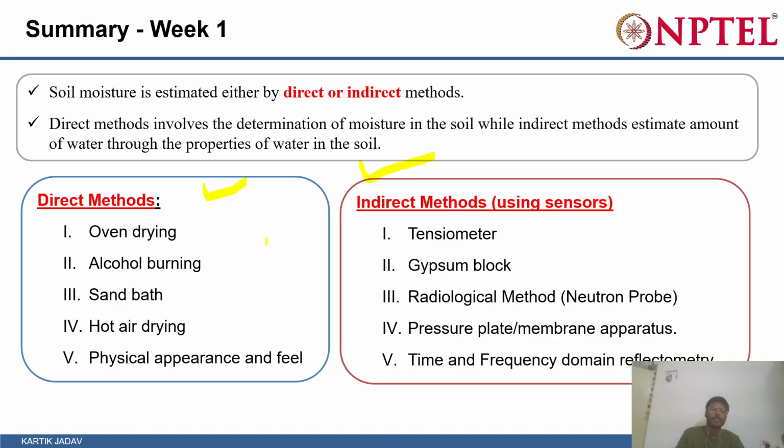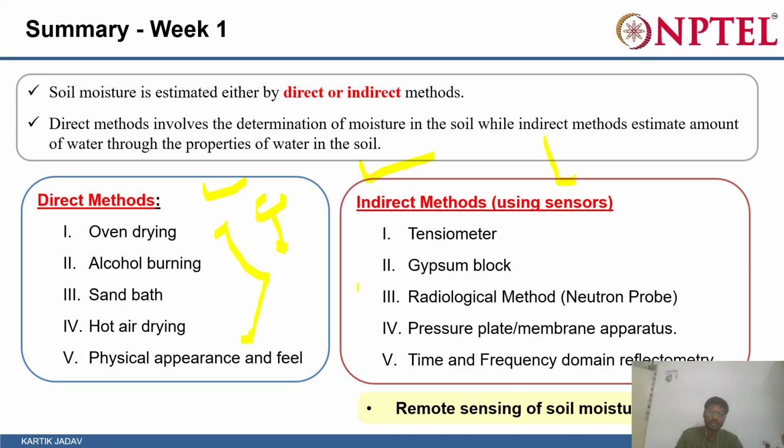In direct methods, we take a soil sample, heat it, do some chemical reaction, and identify the amount of water present in the soil. While in the indirect case, we use certain sensors or soil physics techniques, so that will help us identify soil moisture content indirectly.